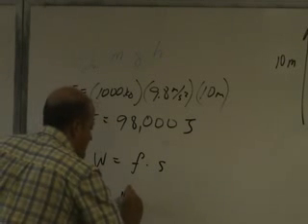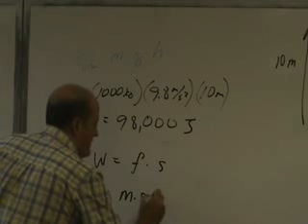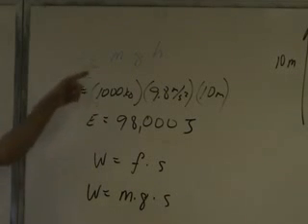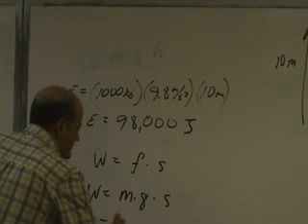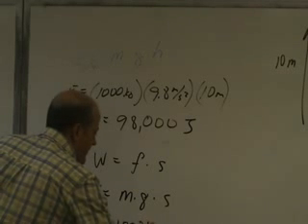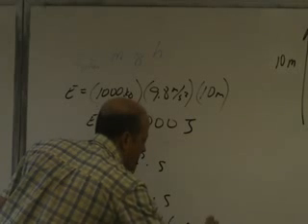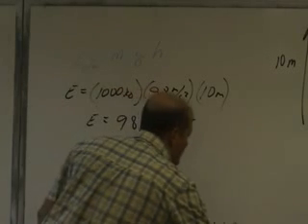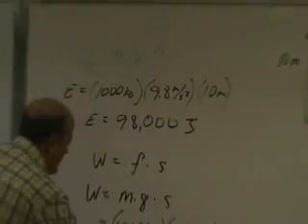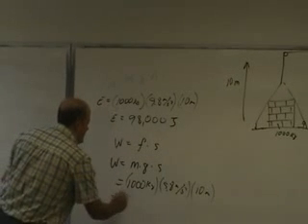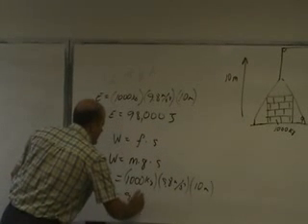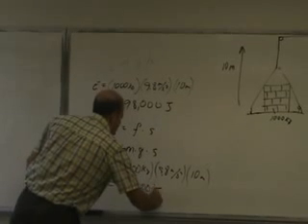And the weight is mass times gravity, right? You see our equations looking just like this. So it's 1,000 kilograms times 9.8 meters per second squared times 10 meters. And we got the same answer. 98,000 joules.